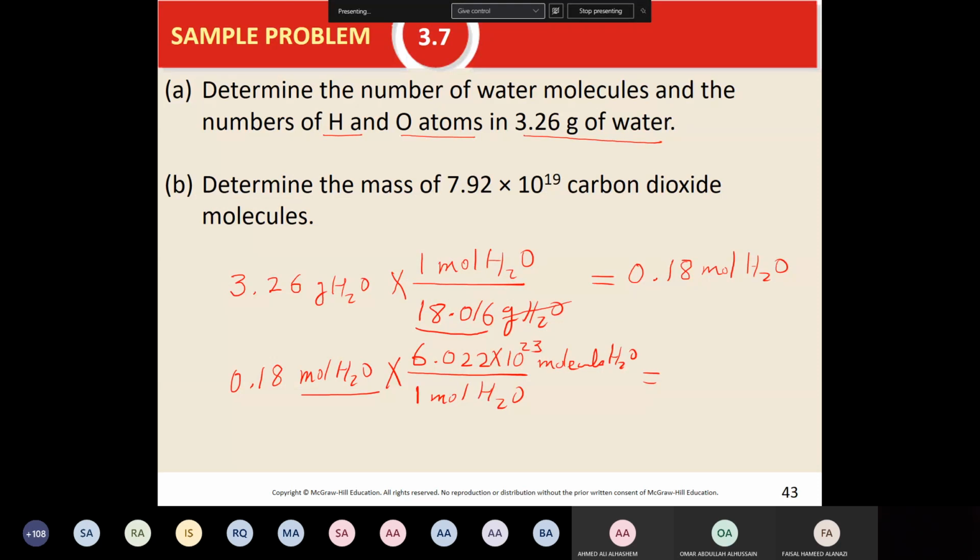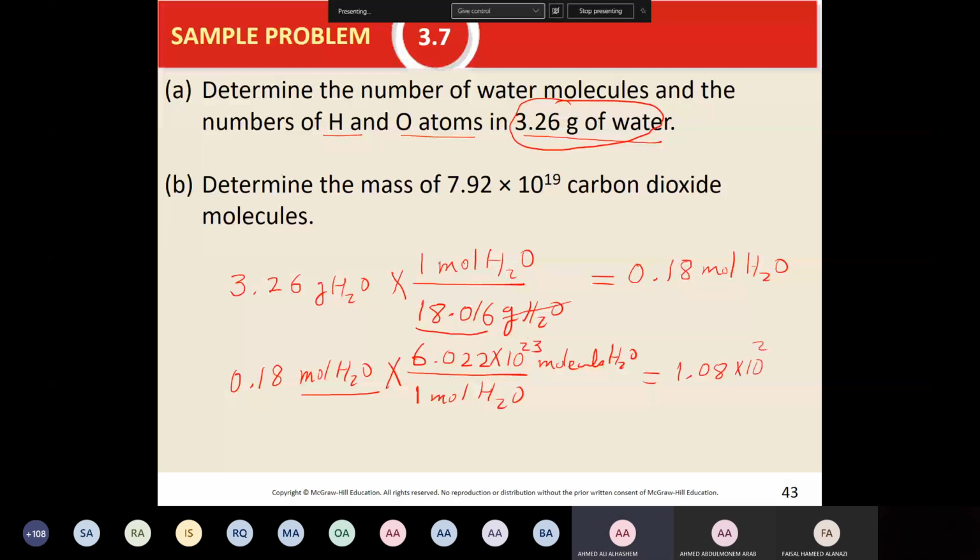Is this clear? See, we change gram into molecules. Give me the answer. 1.08 multiplied with 10 to the power 23.